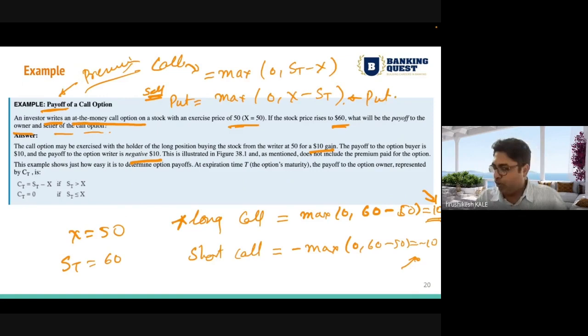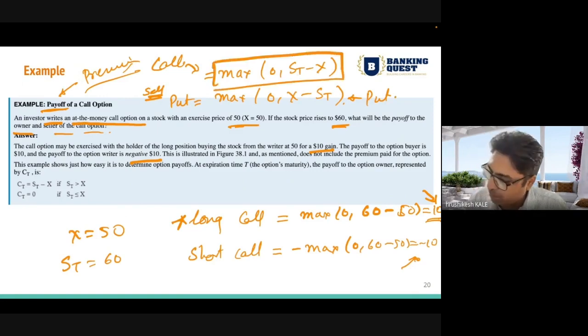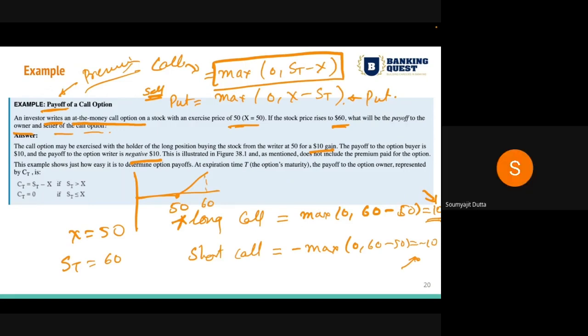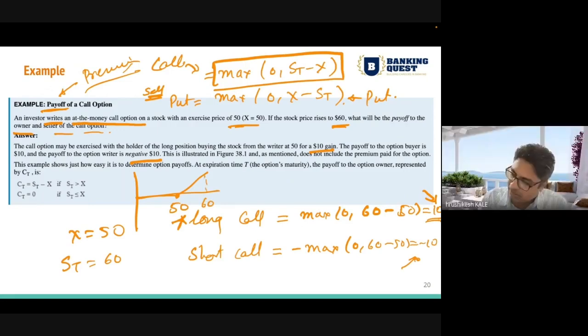So basically what we are trying to do, if you cannot remember this formula, that's okay. The idea is just to check this diagram. They are saying exercise price is 50 and today's price is 60. Can you tell me whether we are in profit or loss? We are in profit by 10. Now this is the diagram for long call.